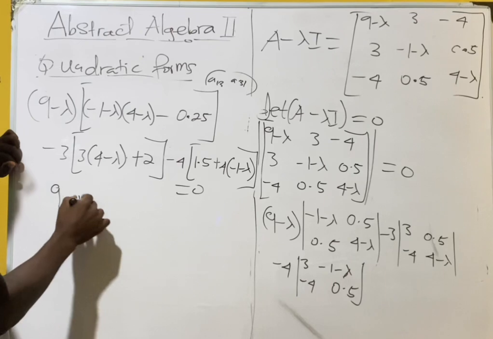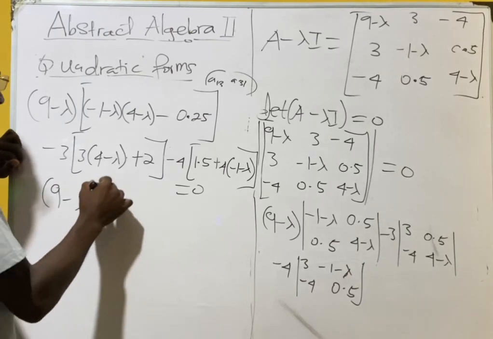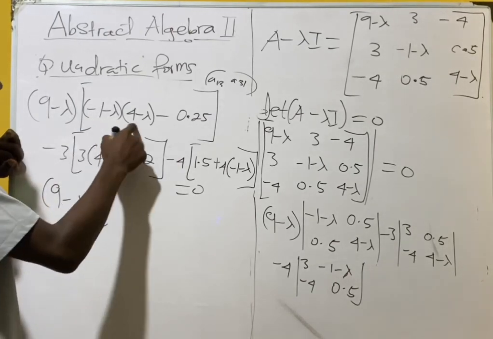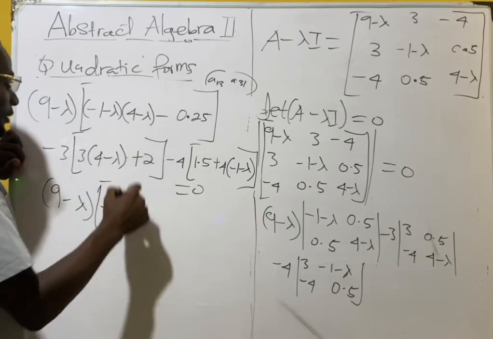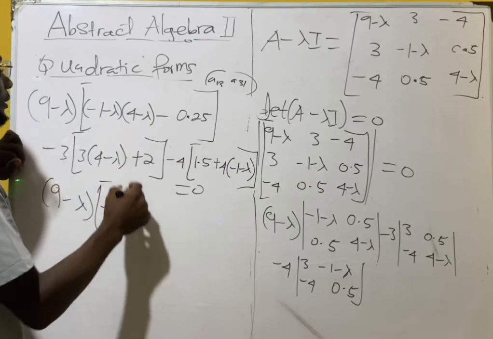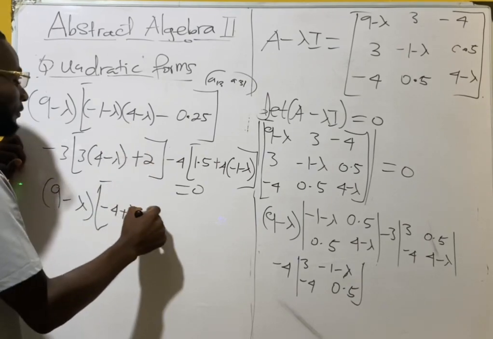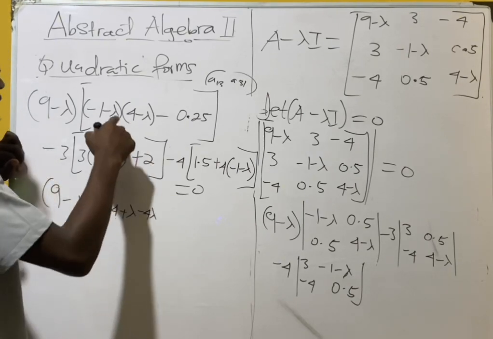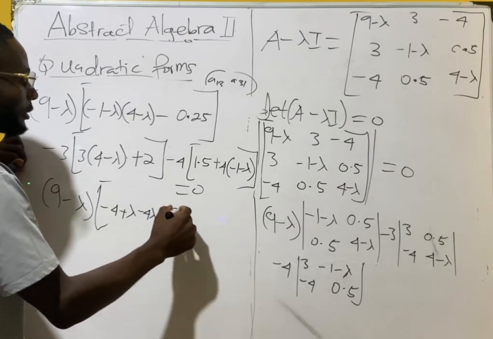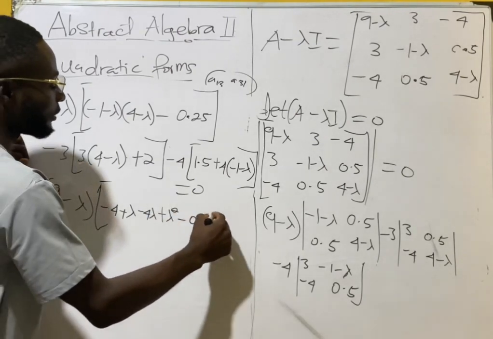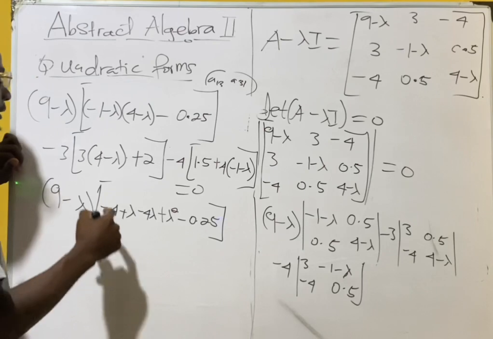Okay, so let's break it down. We have 9 minus lambda into this times this is minus 4. This times this is plus lambda. This times this is minus 4 lambda. This times this is plus lambda squared minus 0.25, right?